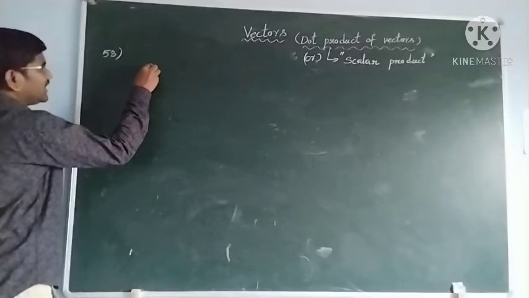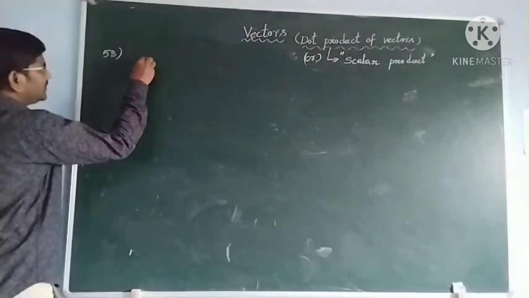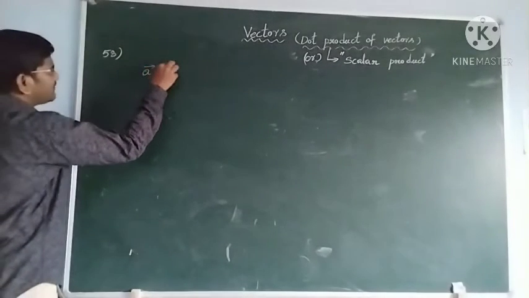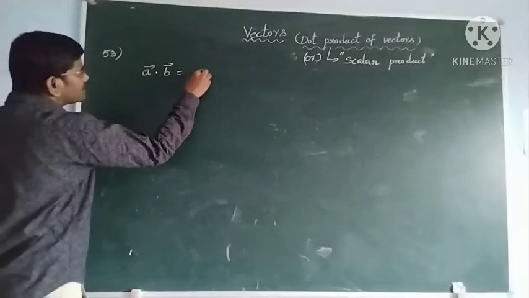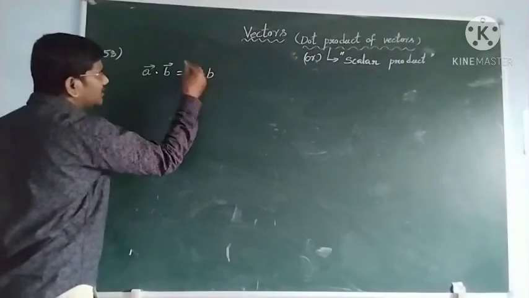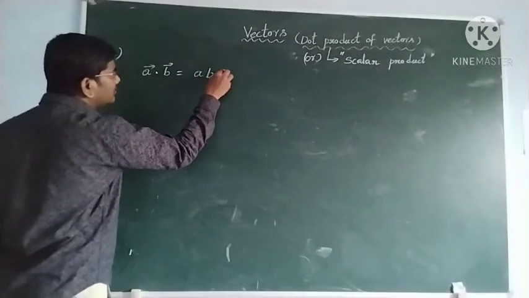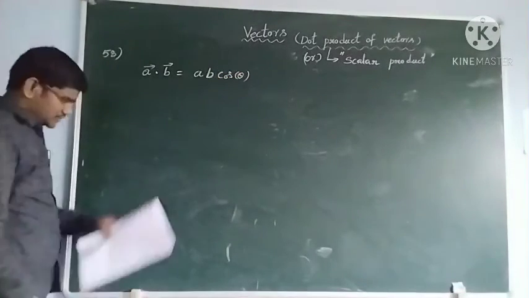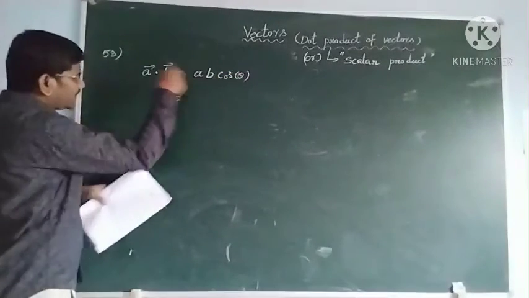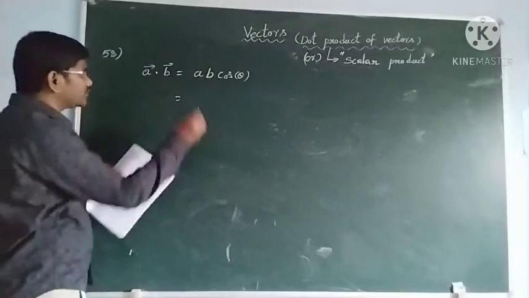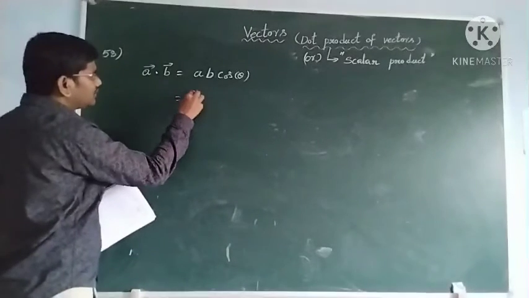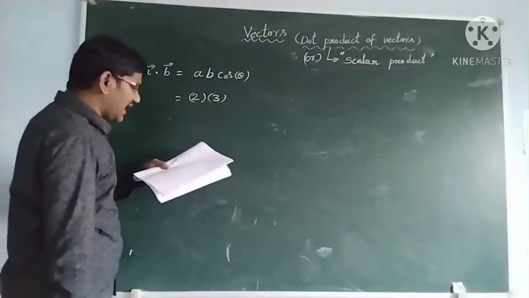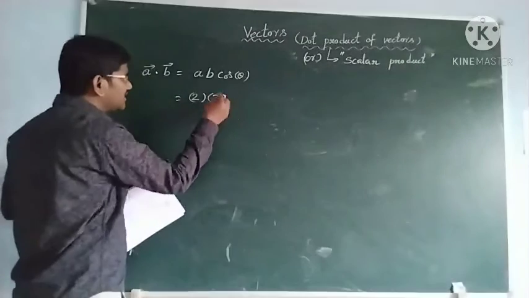We know that if a bar and b bar are vectors, then a bar dot b bar is equal to the magnitude of the first vector into the magnitude of the second vector into cosine of the angle between them. The magnitude of the first vector is 2 units, the second is 3 units, and the angle between them is 60 degrees.